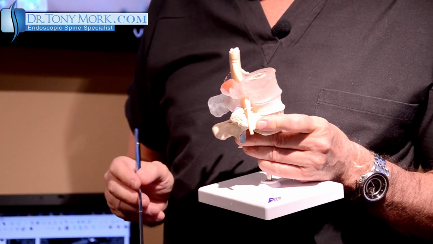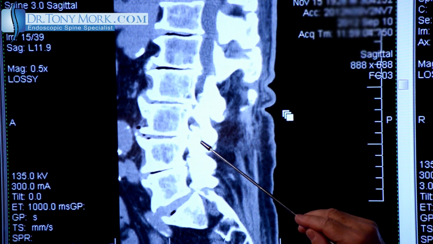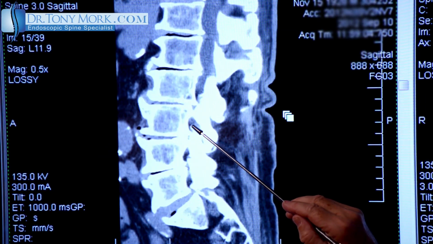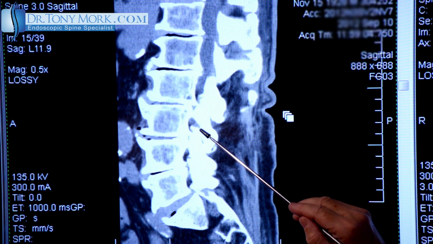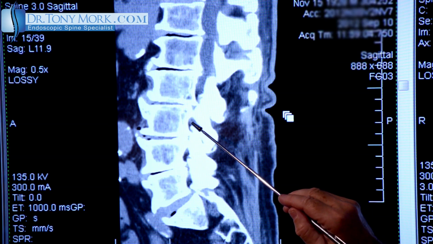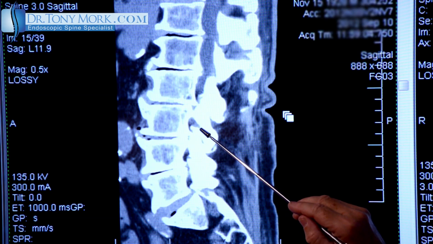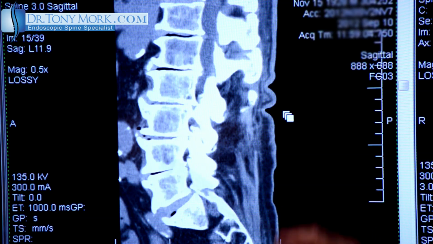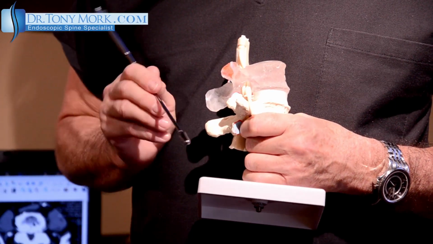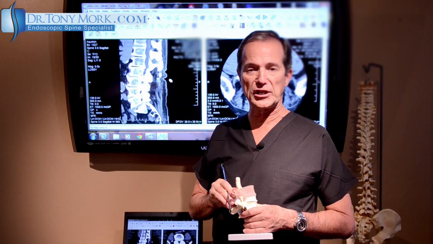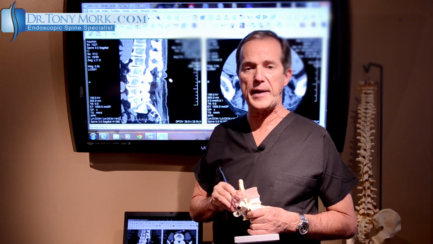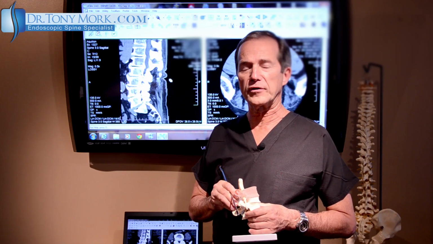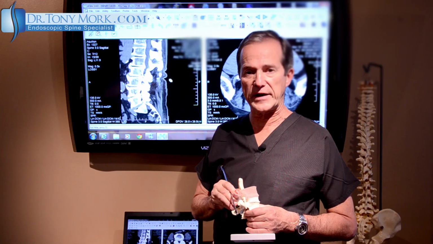Let's look at what the CAT scan shows us. Here's a spur that sticks up into the foraminal canal and would probably be sitting on top of the nerve that passes through here. So we've got a calcified spur that actually pushes into the nerve root as it leaves. In this gentleman it was causing him some pain way over on the side of his back, not the middle of the back, but out toward the outside of his back.